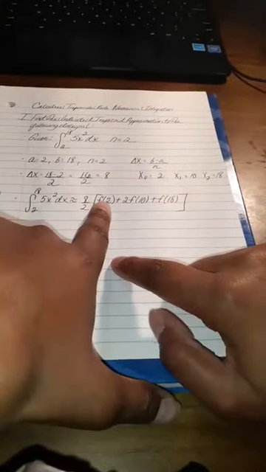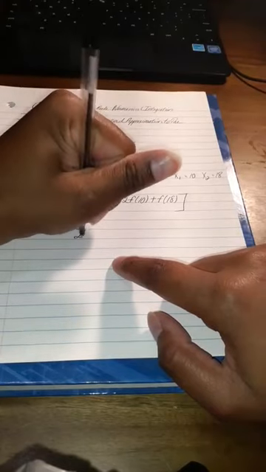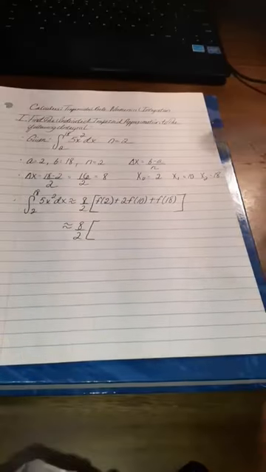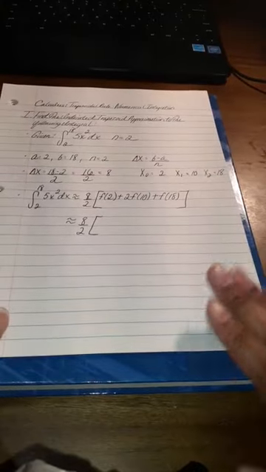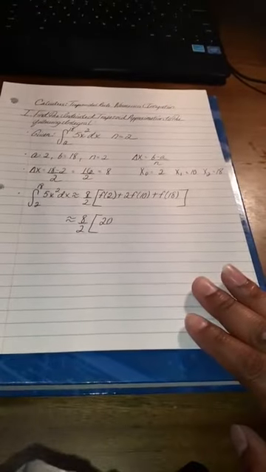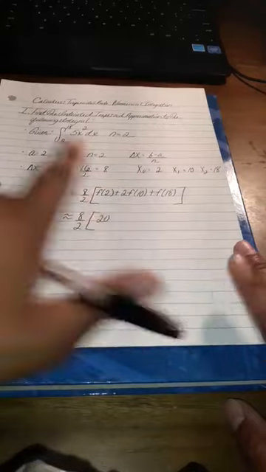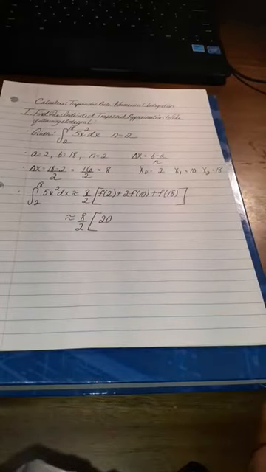So if we stick in a 2, what will we get for that? Well, if we stick in a 2, we're going to get 20, because 2 squared is 4. If I multiply 5 by 4, I get 20. Okay, now we'll do basically the same thing with the 10, but we do have to remember that there is a 2 on the outside that we'll have to multiply.